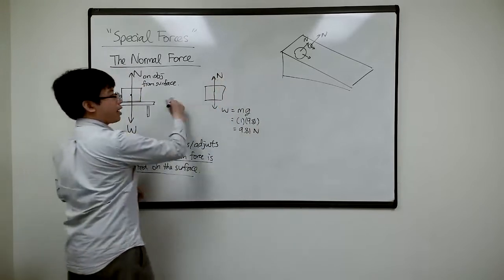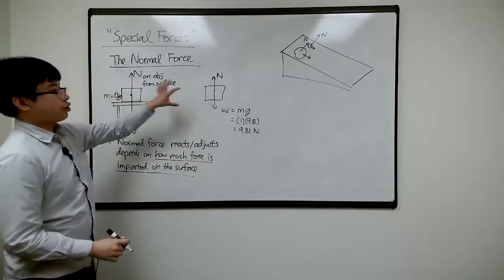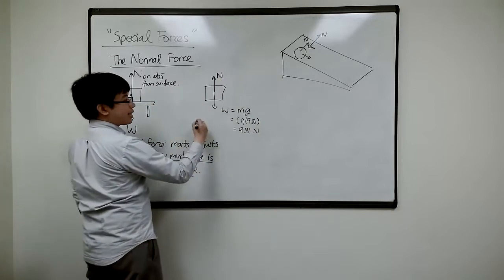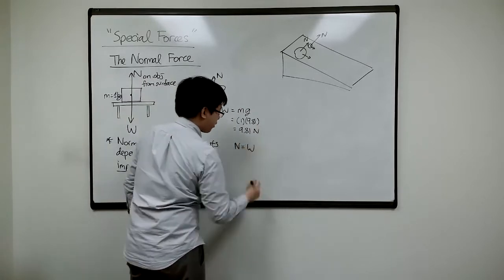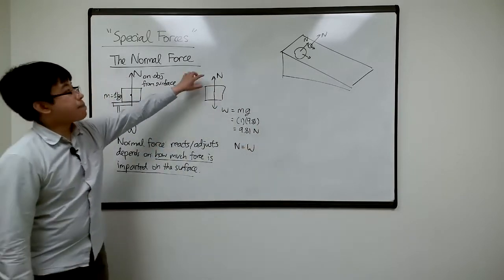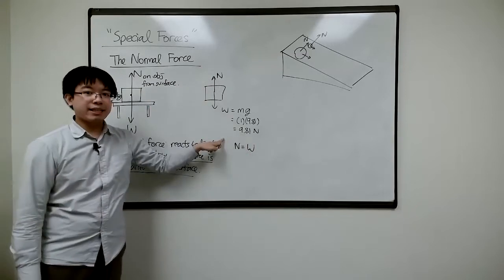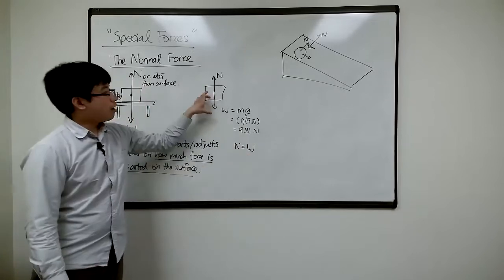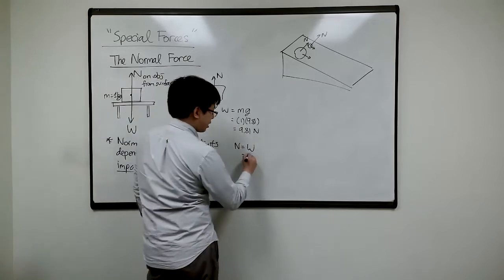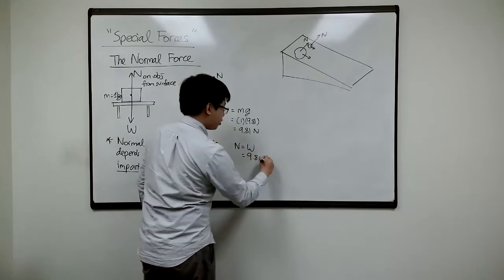Because it's not going anywhere, I'm not going to draw the table. I'm just going to draw the object of interest. If it's not going anywhere, then I need N equals W. That's the only way to balance it out. Notice there are no vector signs, which means the magnitude of N is the same as the magnitude of W. In this case, N will also be 9.81 newtons.